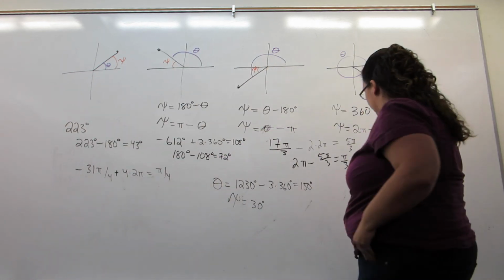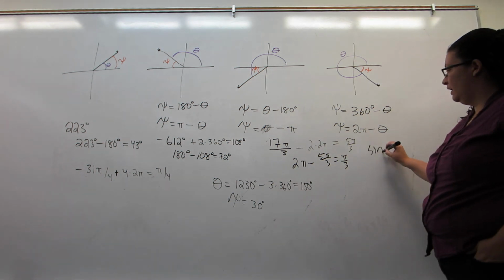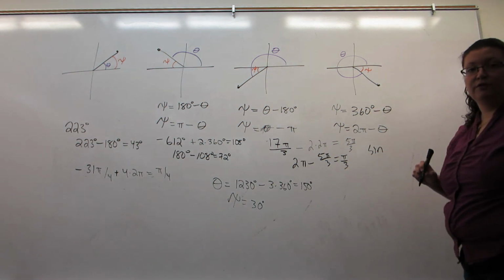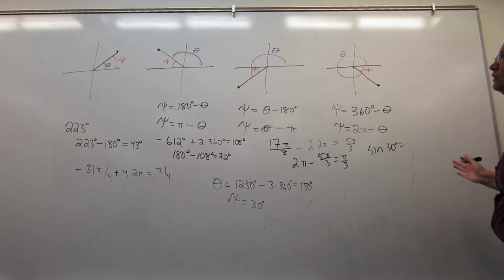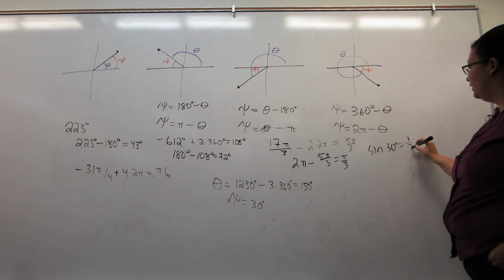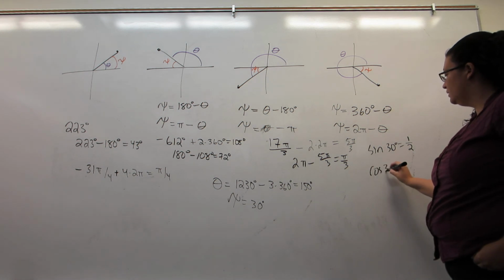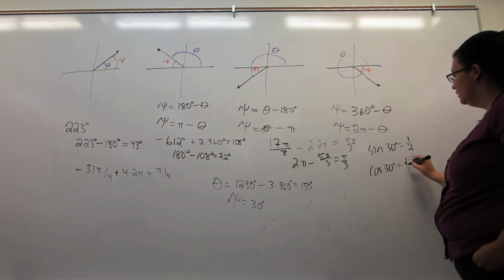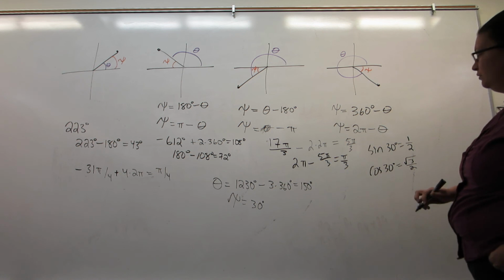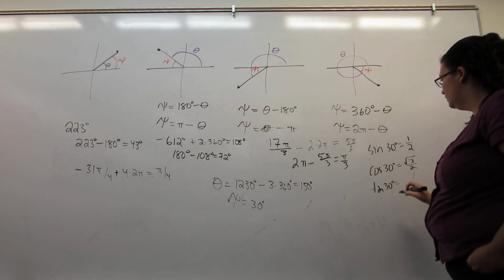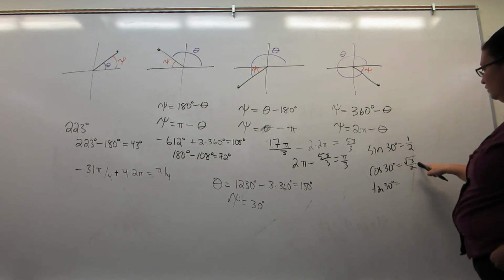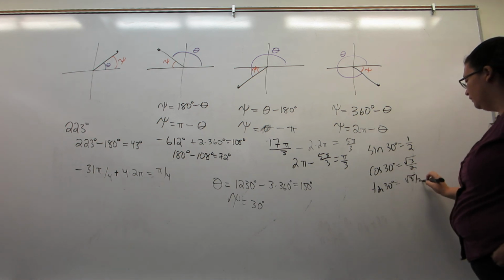Now, I happen to know the 6 trig functions of 30 degrees. The sine of 30 degrees is 1/2. The cosine of 30 degrees is the square root of 3 over 2. The tangent of 30 degrees is sine over cosine, or square root of 3 over 3.